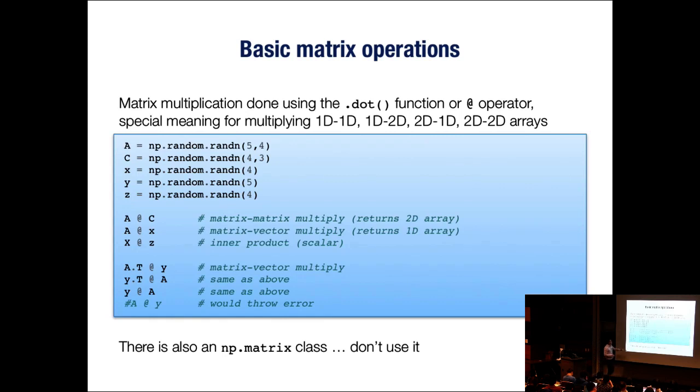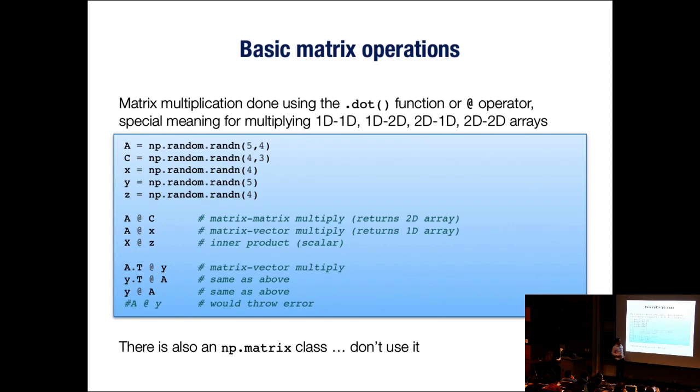But fortunately, maybe, depending, I guess, on whether you like it or not, Python 3 introduced the @ operator as a matrix product. So if I have a and c, I couldn't put a times c there because they're different sizes, and times is just element-wise multiplication in NumPy. But I can put a @ c, which means a matrix multiplied by c. That's a matrix that would be 5 by 3.